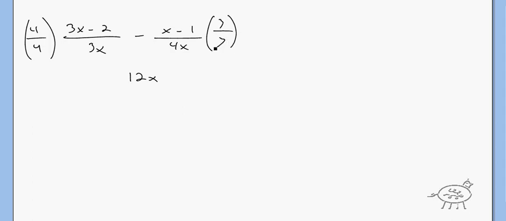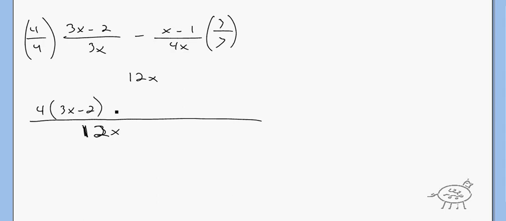Now this is where you have to be careful, and it's not a bad idea to set it up this way. I know I'm going to have 12x on the bottom, so I'm going to draw one big line and write it out: 3x minus 2, and I know it's over 3x, but it's really minus 3x minus 1.